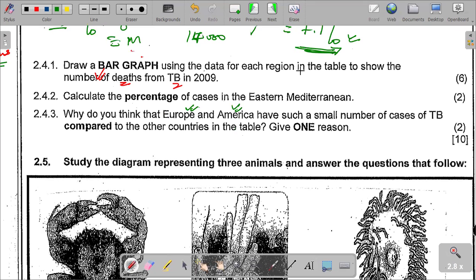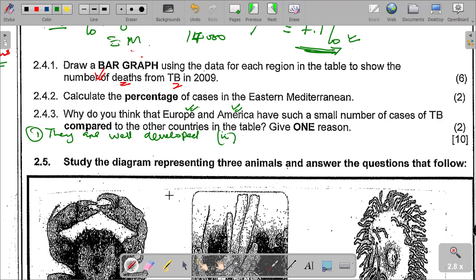One, they are well-developed countries. Hence, the issue of TB cannot be a big problem. That is one reason that we can talk about.